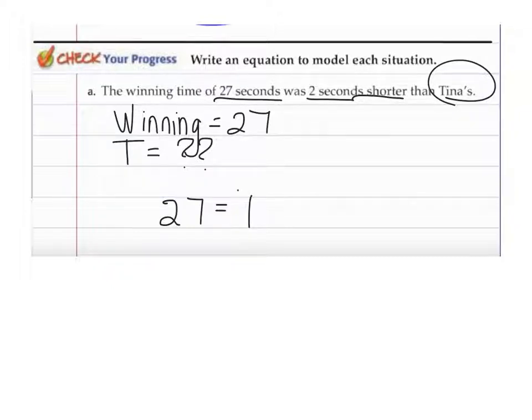So I'm going to go Tina's minus 2, because whatever Tina's time was, the winning time was 2 seconds shorter, so I know I'm going to be subtracting 2 seconds to equal 27. So the winning time of 27 seconds was 2 seconds shorter than Tina's can be shown as 27 equals T minus 2.